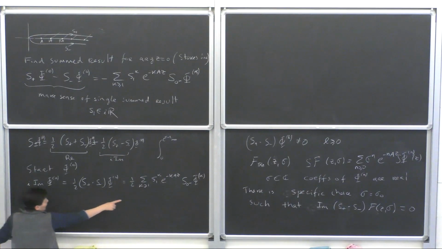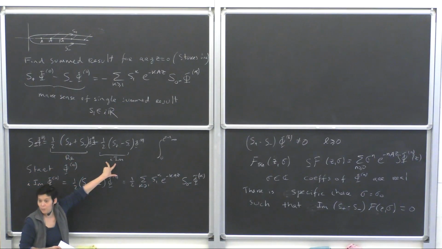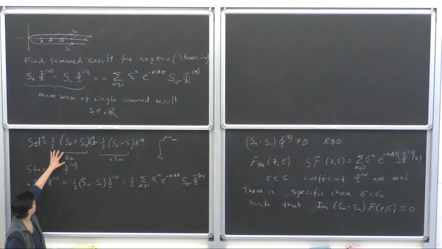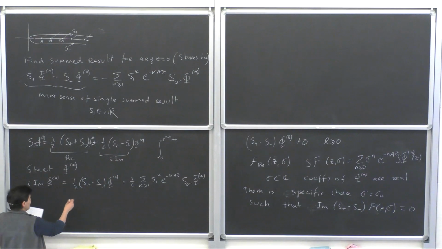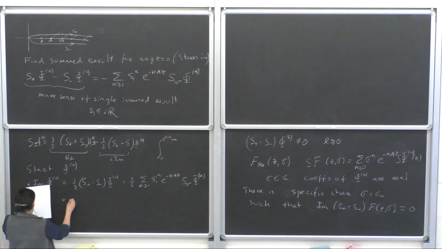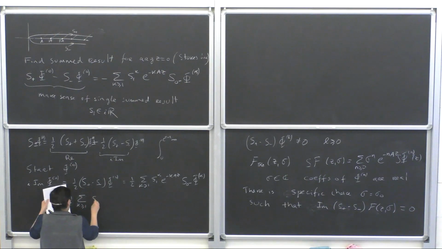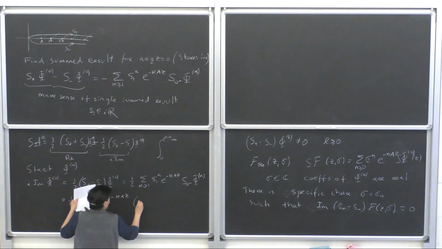But now I want to write this S0 minus as a real part and an imaginary part. I can just write this is the S minus of phi k, and that's 1/2 of S plus and S minus. So what I have here is 1/2, sorry, forgot the sum, S1 to the k, e to the minus k A z, real part.